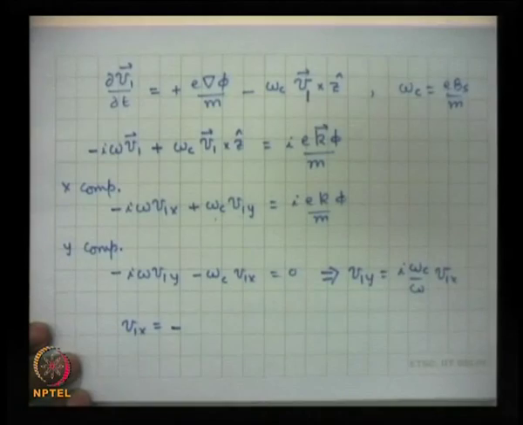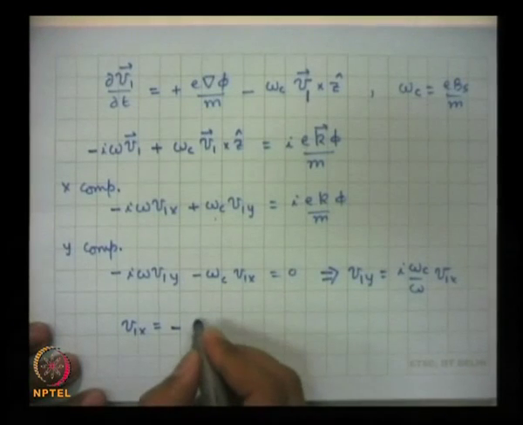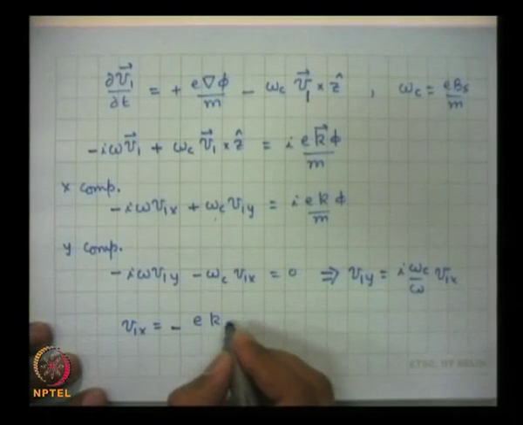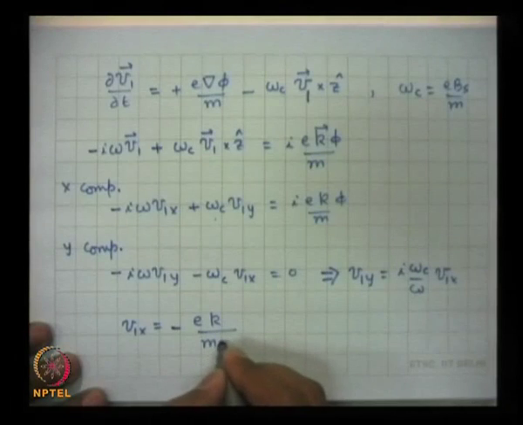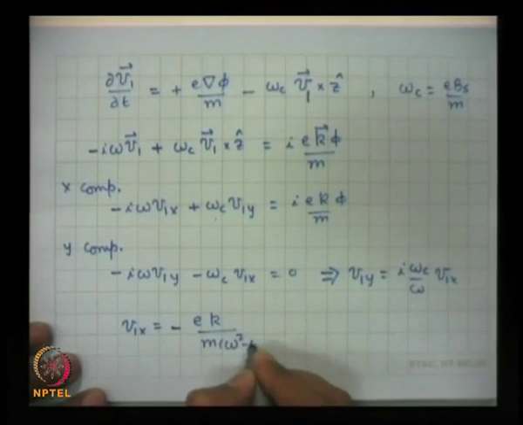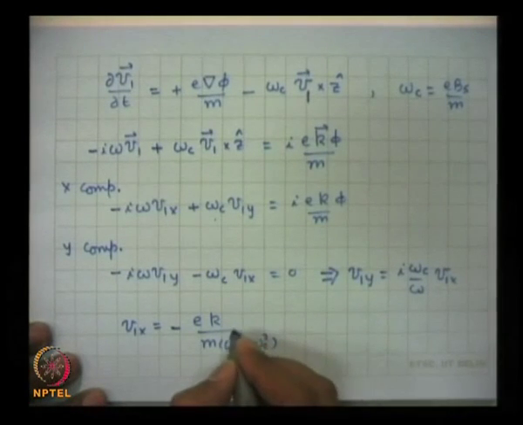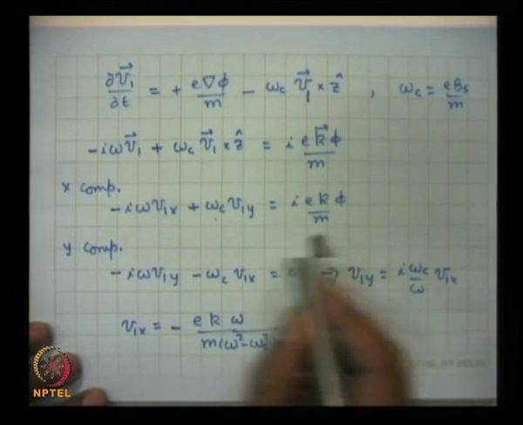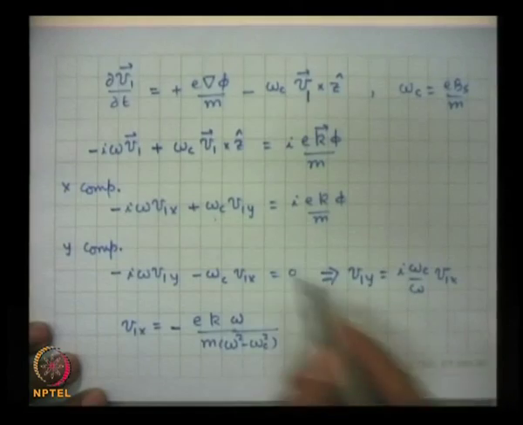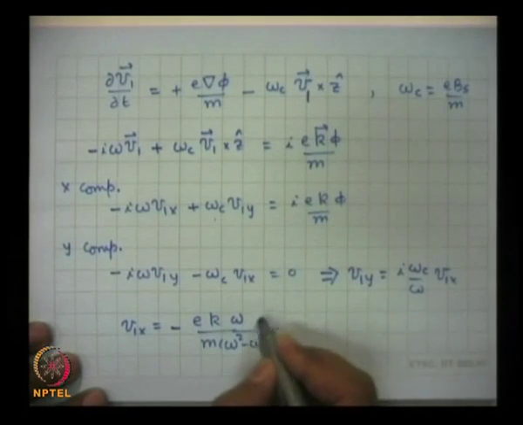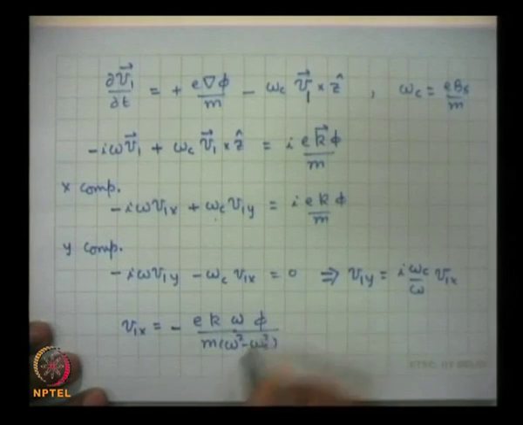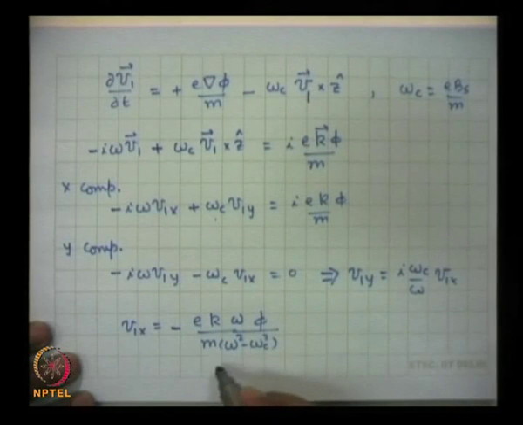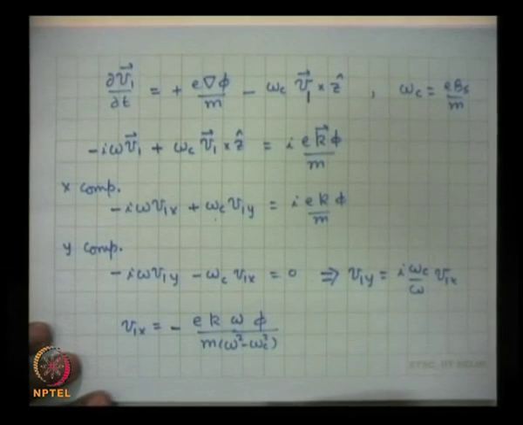minus, if you just be careful, you will obtain this E k upon m omega square minus omega c square into omega up here, because 1 omega was there. So, you just obtain this, you can just verify this, minus E k phi upon m, this expression you will get.